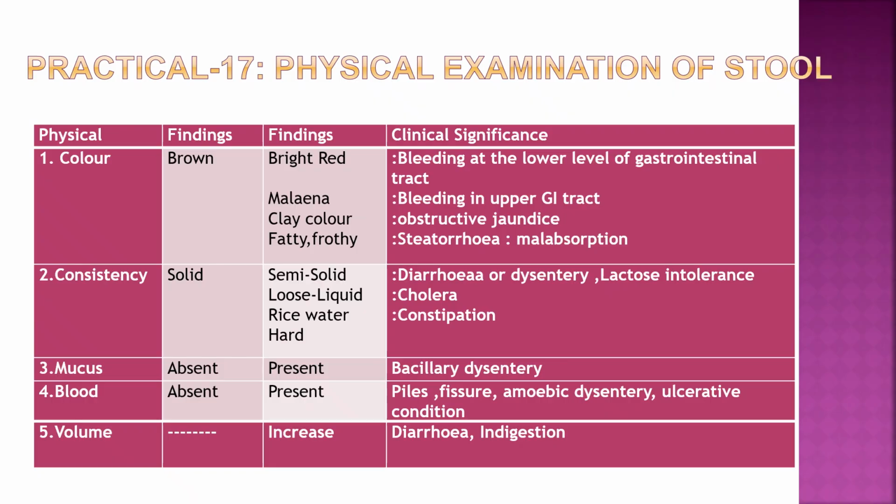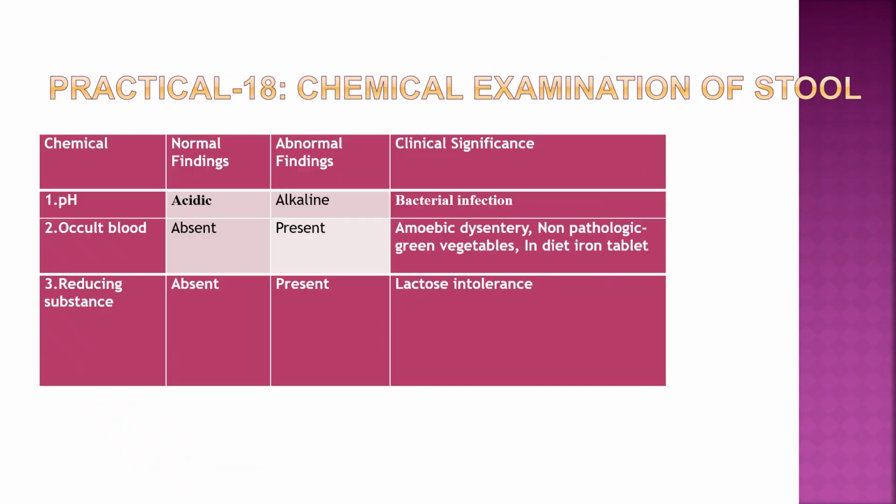Consistency is normally solid, and if abnormally liquid, it is seen in diarrhea, cholera, dysentery, rice water stool in cholera, and hard consistency in constipation. Mucus and blood are normally absent, and if present, they are mostly seen in dysentery. Volume is small, and if increased and profuse, then it is diarrhea or indigestion.